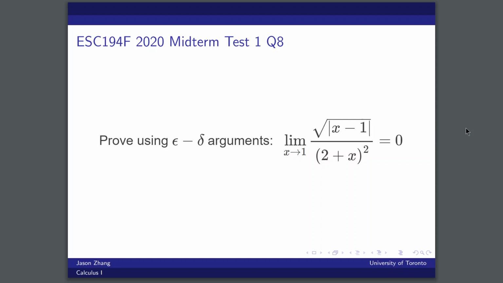which should be pretty intuitive given that as x approaches 1, the numerator just goes to 0, the denominator goes to some constant value that's non-zero, and so intuitively it should be 0, and we're going to prove that it is.